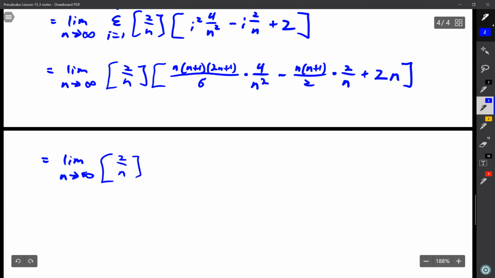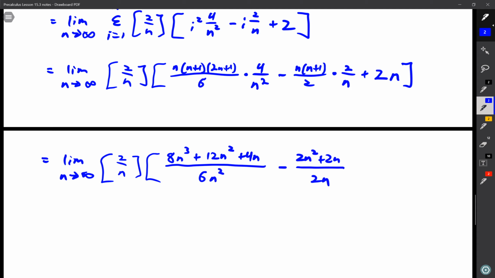So this first part becomes n times n plus 1 times 2n plus 1, which gives an 8n cubed plus 12n squared plus 4n over 6n squared, minus 2n squared plus 2n over 2n.